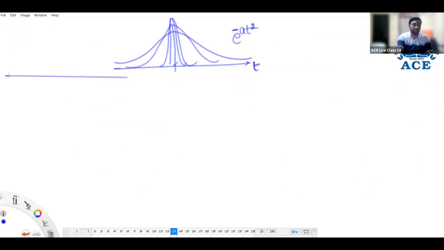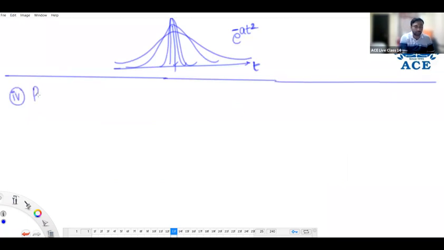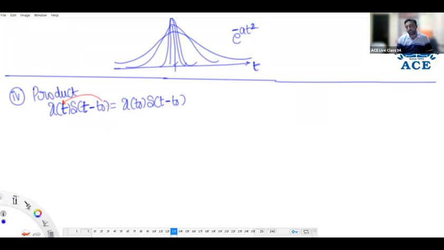The next property of impulse is the product property. Any signal multiplied by a shifted impulse means check the signal at the respective shift. Directly, in place of t put t naught: x of t naught into del of t minus t naught.